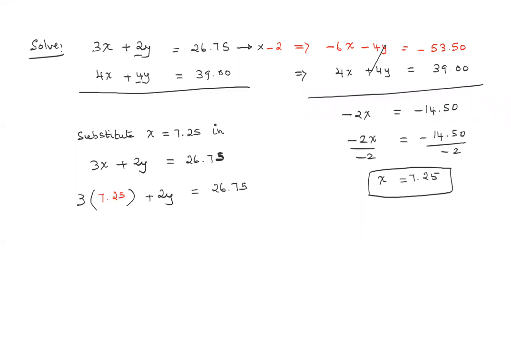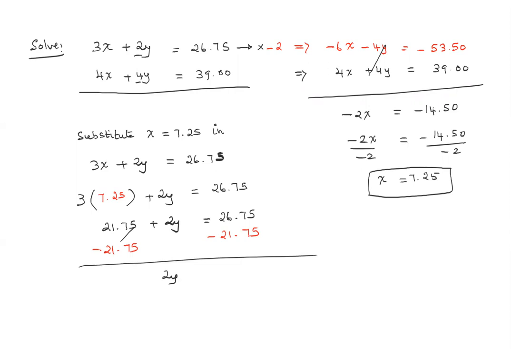So this is 21.75 plus 2y equals 26.75. Subtract 21.75 from both sides. 2y equals 5, so y is 2.5.